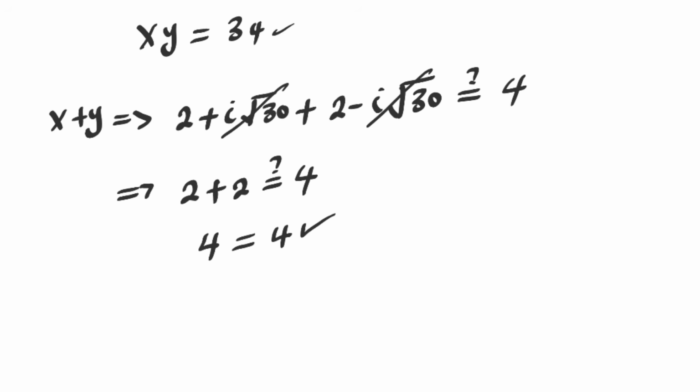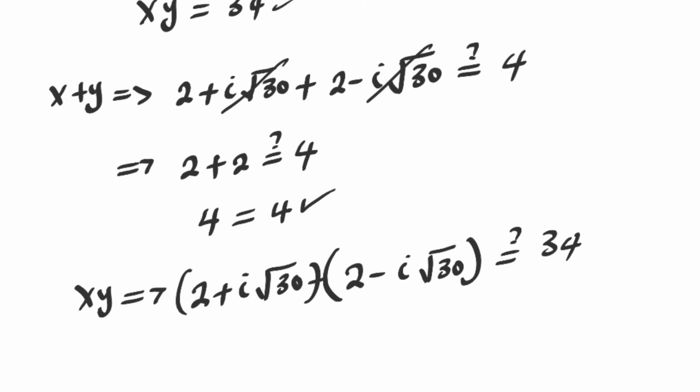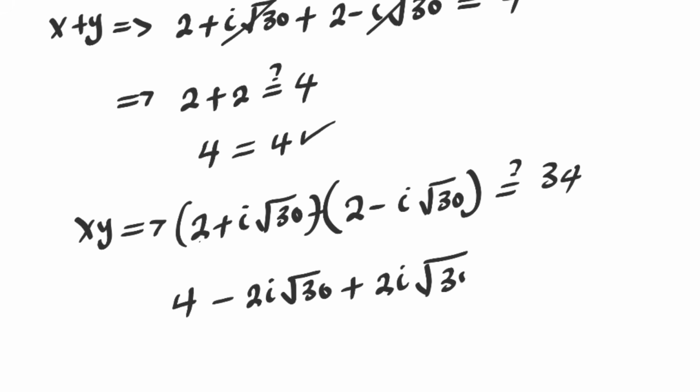Let us consider this. xy, this can be written as 2 plus i root 30 multiplied by 2 minus i root 30 must be equal to 34. Then here we have 2 multiplied by 2, that is 4, minus 2 multiplied by i root 30, this is 2i root 30, plus i root 30 multiplied by 2, that is 2i root 30.